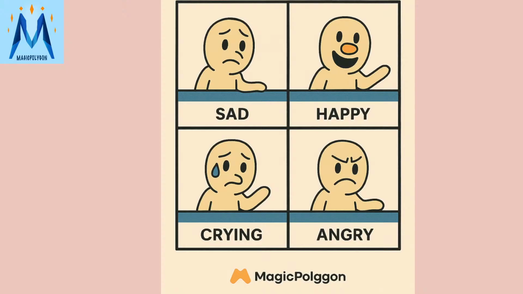So I've taken a small picture which has feelings like sadness, happiness, crying, angry. The picture depicts different feelings. So let's play a quick feelings game. Look at these four characters.